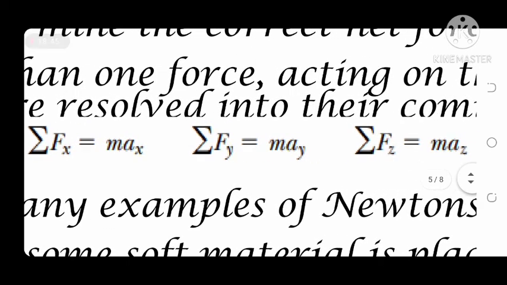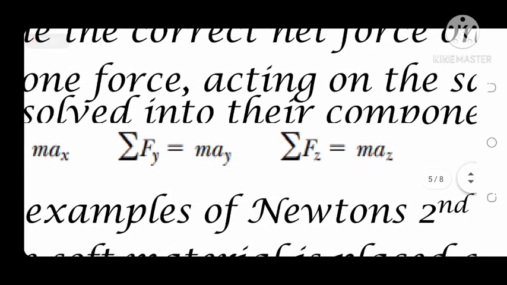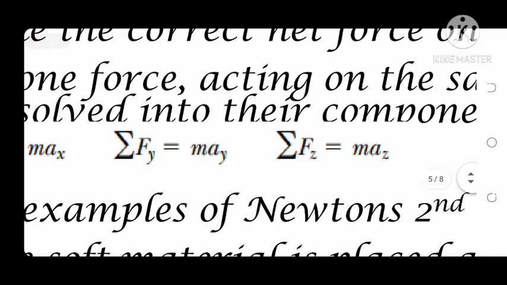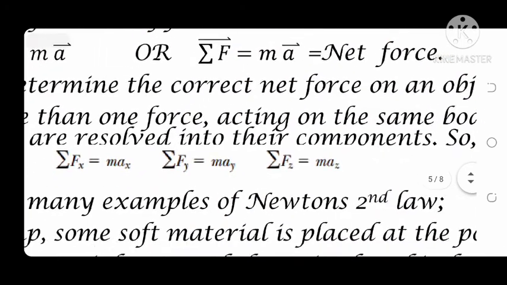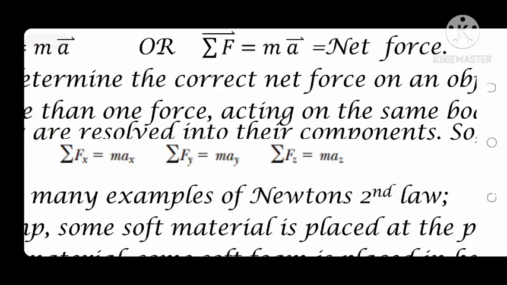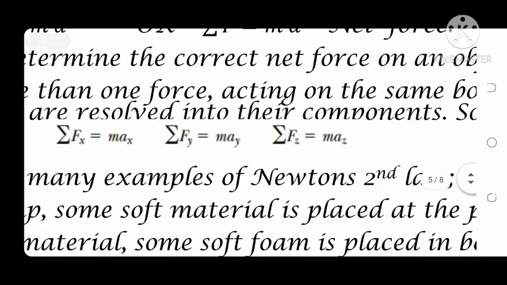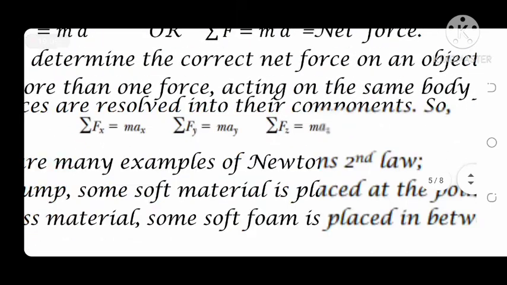Similarly, for forces along the y-axis, the resultant force will be sigma Fy equal to m ay. Similarly, in the third direction, the z-axis, sigma Fz equal to m az, where ax, ay, az are the accelerations and m is the mass of the body on which the forces are acting.